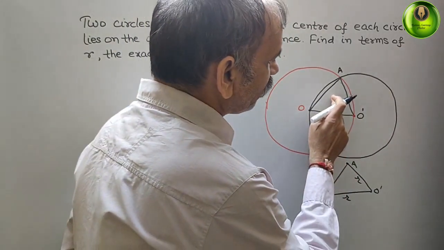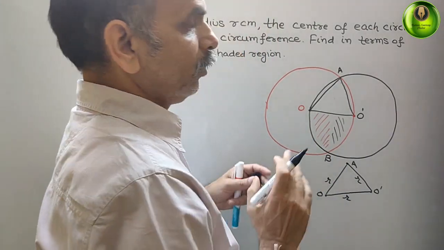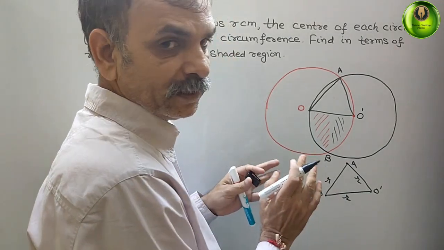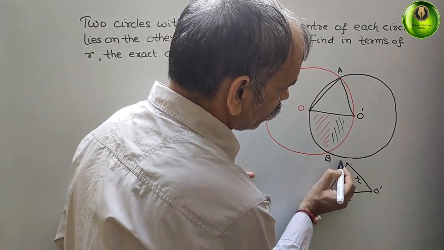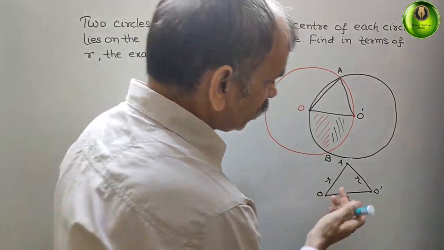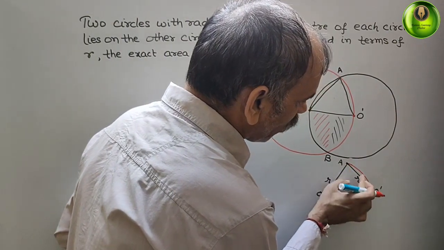So this is your equilateral triangle. Now what we have to add? We have to add, see this part. This part is nothing but your sector. Now it forms a sector.